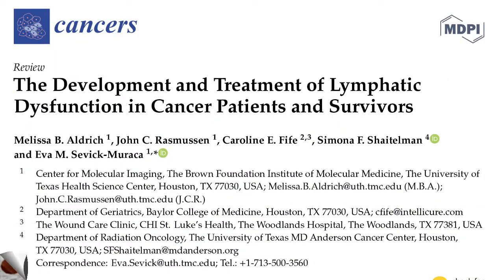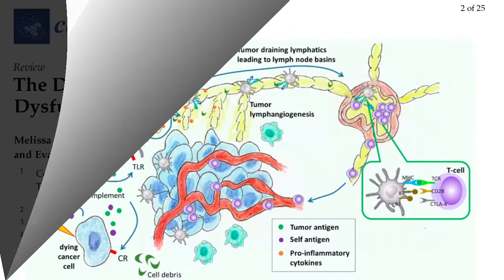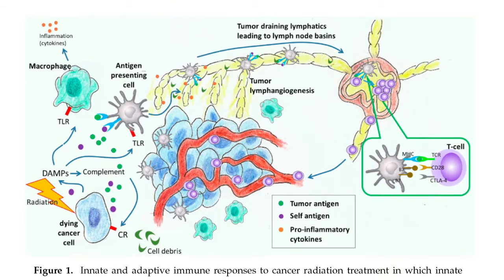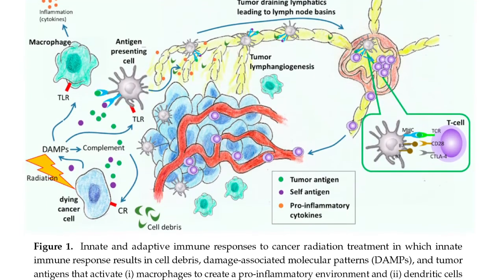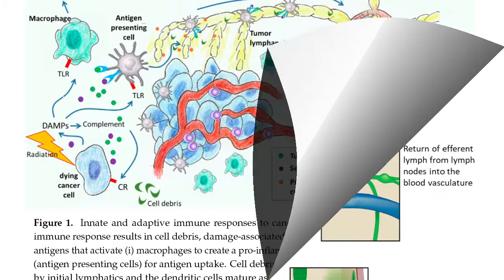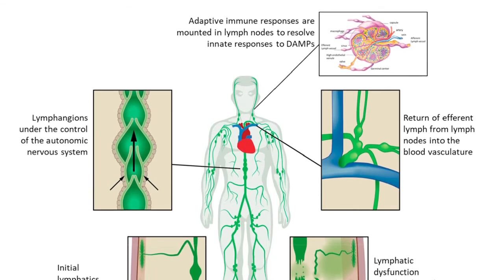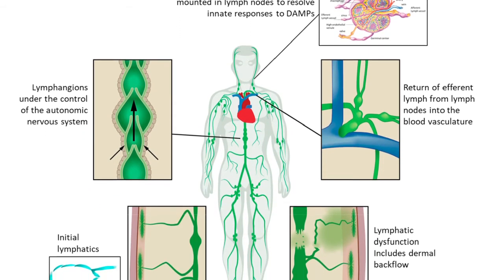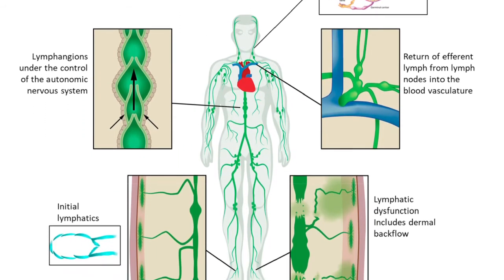So a recent article was published regarding the development and treatment of lymphatic dysfunction in cancer patients and survivors. And it was really eye-opening for me because it really helped me understand a little bit more about the immune response and inflammation with the lymphatic system. And it also just created that, oh wow, people are actually talking about this now.